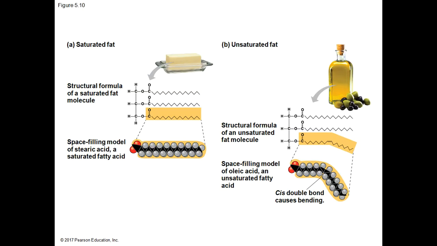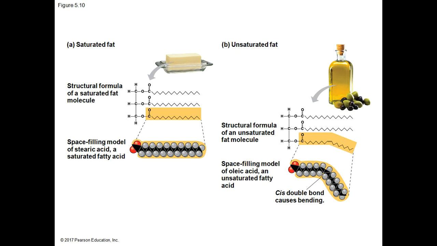If you look here on the left, saturated fats, if you remember your states of matter, solids are packed more closely together than liquids. In a saturated fat, all of the fatty acid chains off the glycerol molecule are nice straight chains. They're fully saturated, meaning they have hydrogens everywhere they can, and there are no double or triple bonds, particularly no double bonds.